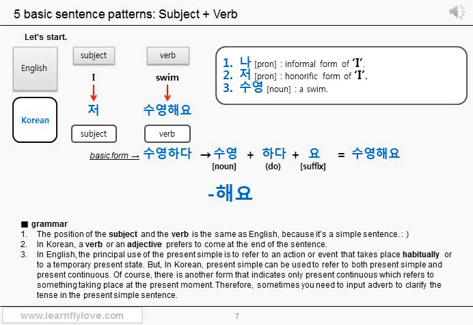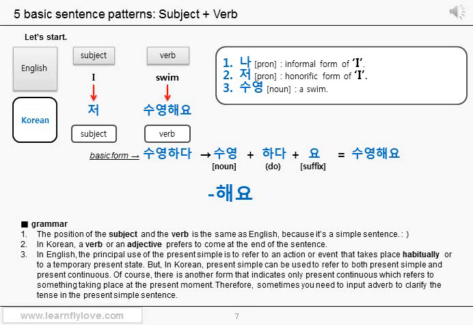So the basic form 수영하다 becomes 수영해요 with the honorific suffix 요. How about we just memorize this entire 해요 part instead of explaining why it becomes 해요? Because we always use 해요 when we convert this kind of noun plus 하다 verb into the present simple form with the honorific suffix 요. No exception. We'll explain why it became 해요 when the time comes, okay? So remember this 해요 part.